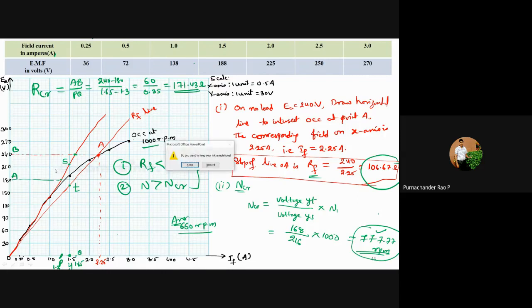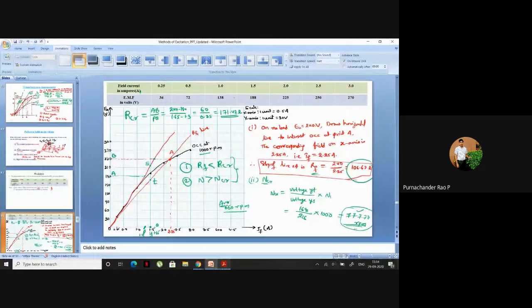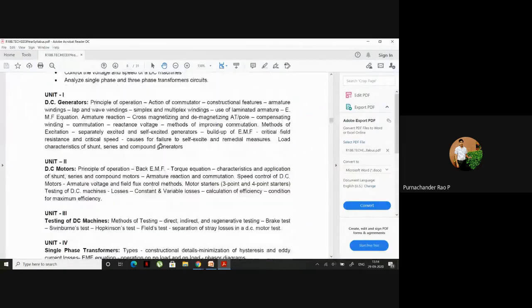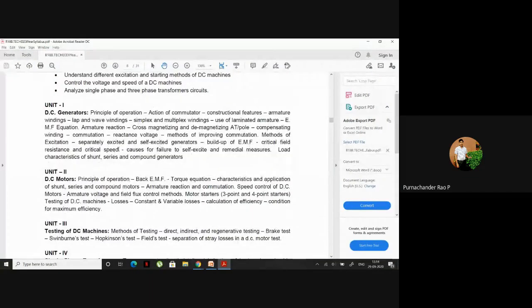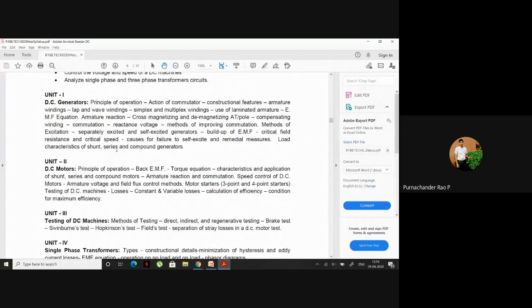Just see here, I will show you one thing. This is our syllabus, as per your JNQ curriculum. Can you see this syllabus? Yes, sir. In the first unit, we are about to finish only the compound generators and series generators. Is anything missing here? The principle of operation is finished, the action of commutator, constructional details, lap and wave windings, multiplex windings, laminated armature, EMF equation, armature reaction we finished.